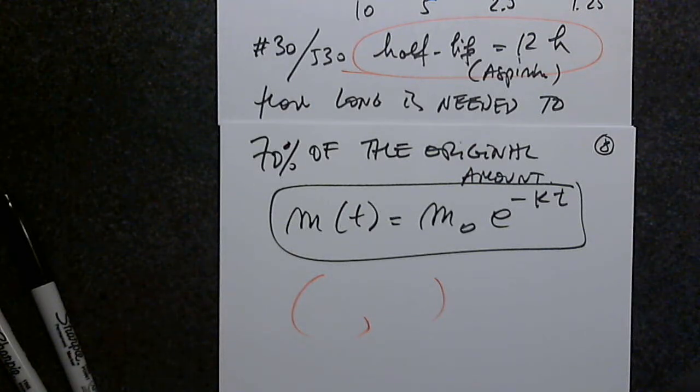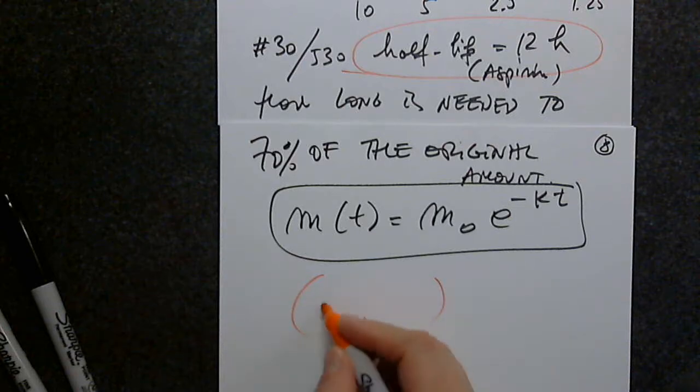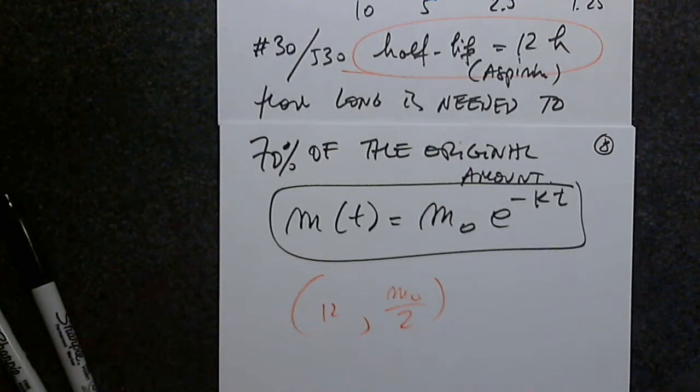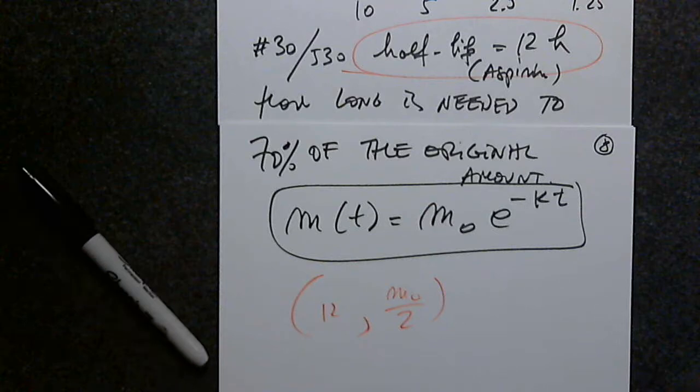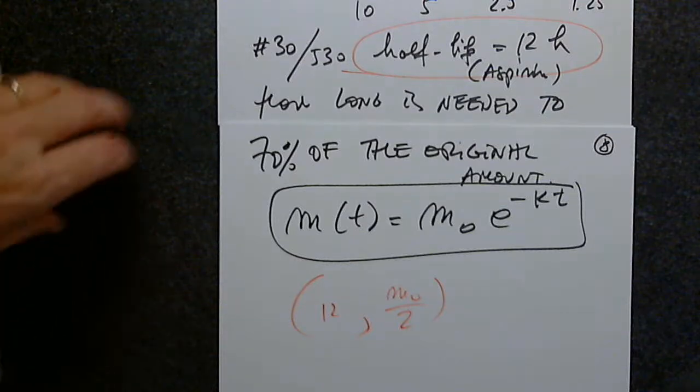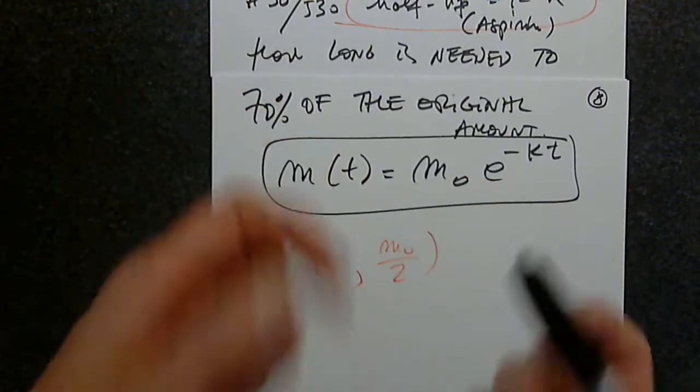The initial was M0, 12 hours later I have M0 over 2. Please plug this point in the model. If you understand that, then 95% of the battle is won. That's what we've been trying to clarify all day. So please plug in the point in the model.